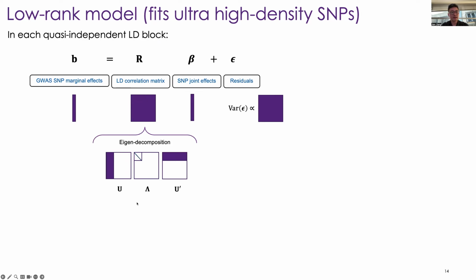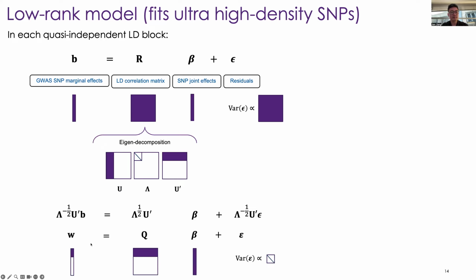Instead of using all eigenvalues and eigenvectors, we only use the top ones that explain most of the variation in LD. And if we do that, then this becomes a rectangular matrix. If we multiply both sides of the equation by the selected eigenvalues and selected eigenvectors, we will end up with this new set of equations.